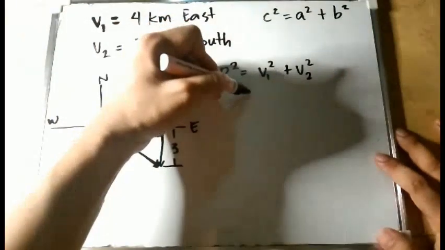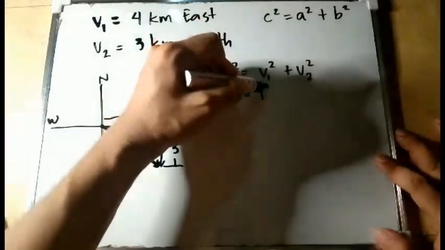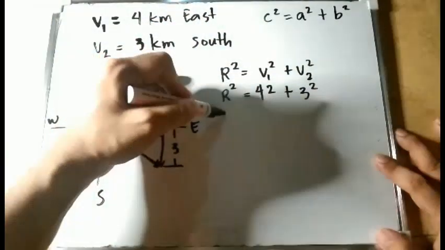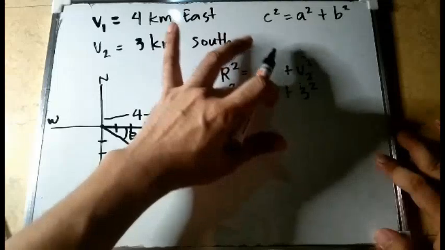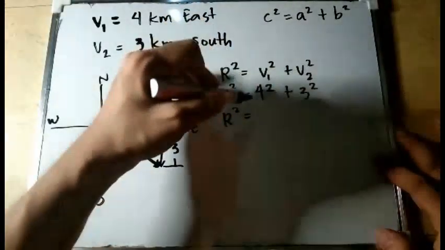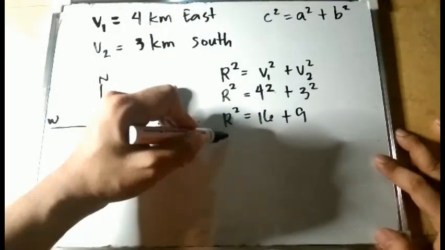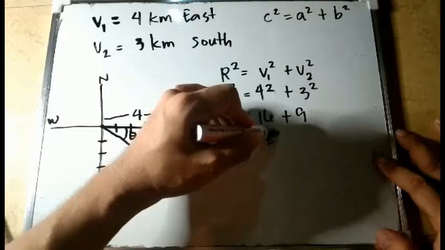Okay, so we have r squared equals 4 squared plus 3 squared. We have r squared equals, squared po yan, hindi yan 42. Square 16 plus 9. Okay, r squared equals 25.